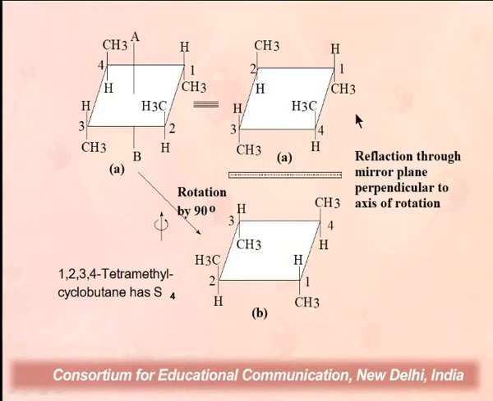Now let us view the molecule. Then we find that the structure of this molecule is identical to the original structure. So we say this molecule has an alternating axis of symmetry, and this will be superimposable on its original molecule.